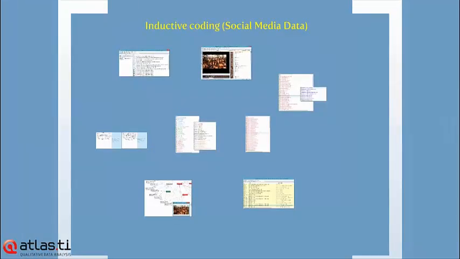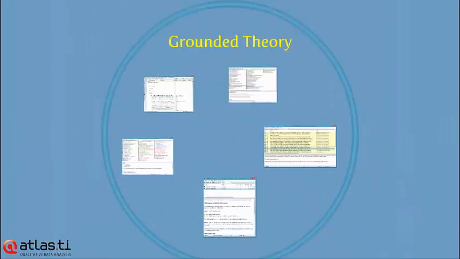So I'm staying with inductive approaches for a while, but this was just particularly showing it in relation to particular data as well. And now I'm showing you the grounded theory data.